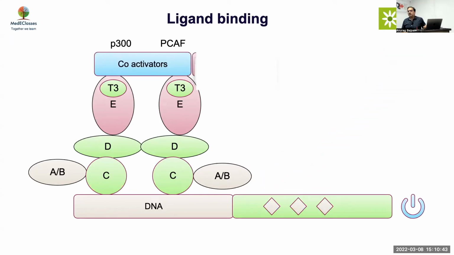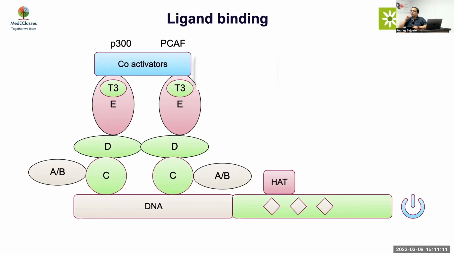These co-activators will then bring enzymes which will cause acetylation. And this acetylation of histones will open things up. So essentially, what the thyroid hormone is doing is just changing the orientation of the ligand binding domain. That change in orientation causes a change of affinity from co-repressors to co-activators, and then they take over and start doing work there.